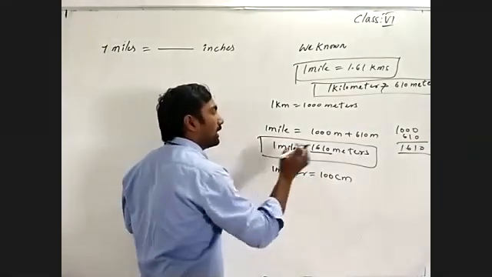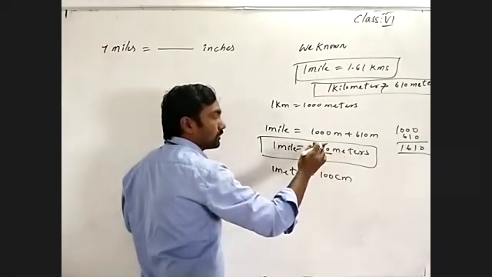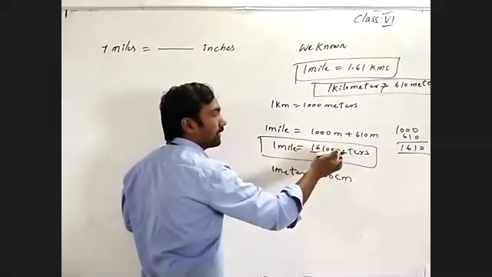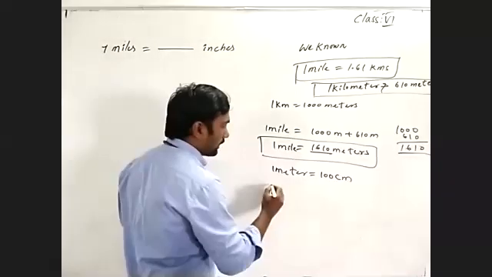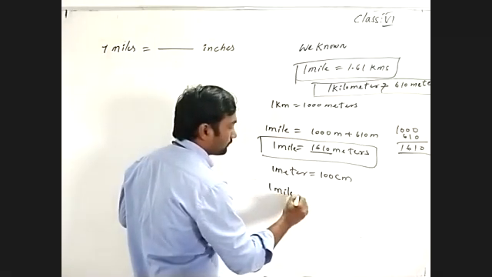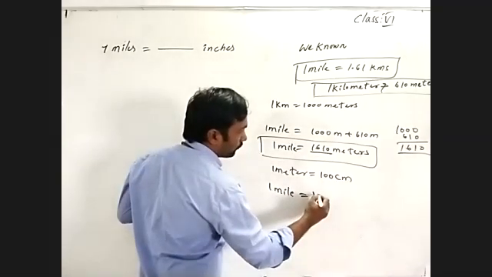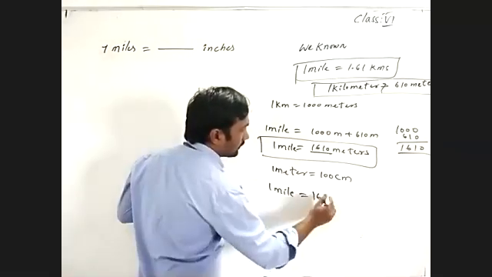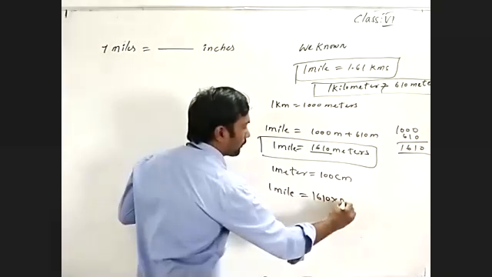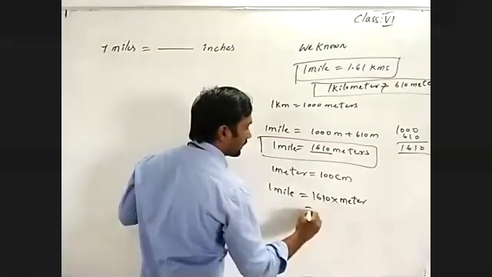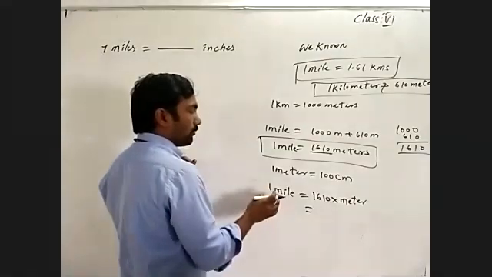Then in 1 mile, how many meters are there? 1610 meters. Coming to that, 1 mile is equal to 1610 meters, and we are converting into centimeters per 1 mile.